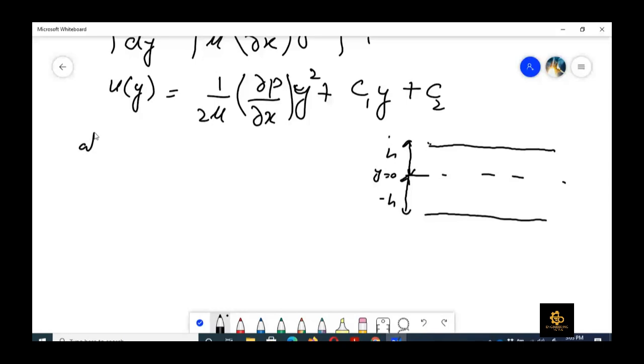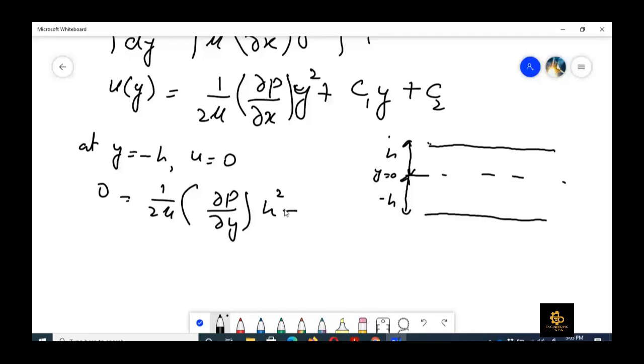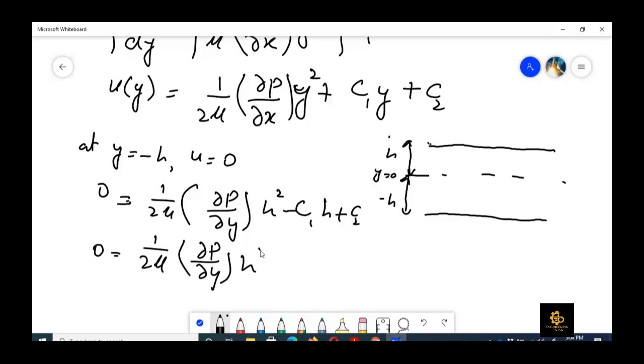At y equal to minus h, u is equal to 0, so 0 equals 1/2μ ∂p/∂x h² minus C1 h plus C2. The second boundary condition is at y equal to plus h, where u is equal to 0, so again 0 equals 1/2μ ∂p/∂x h² plus C1 h plus C2.